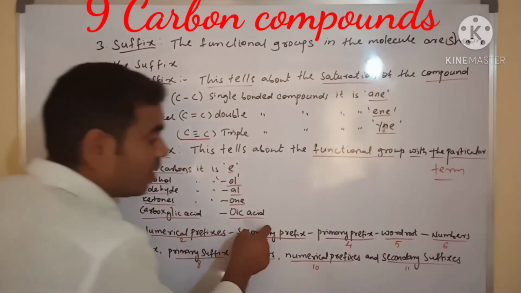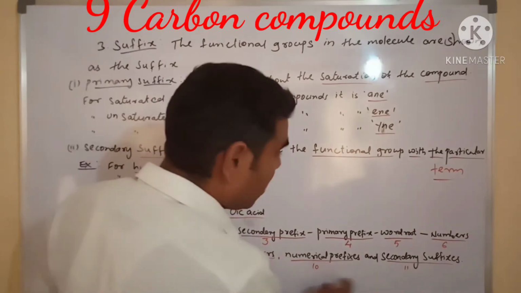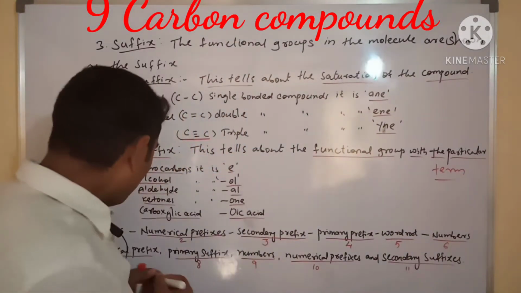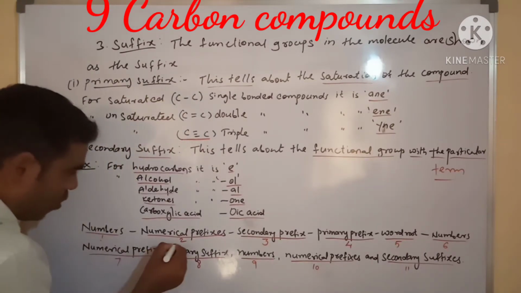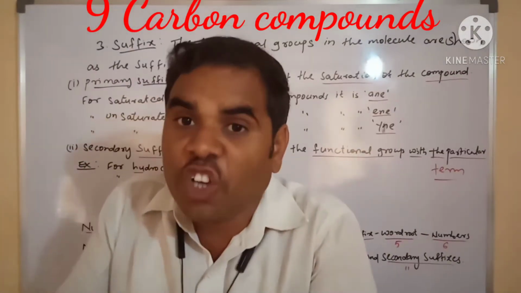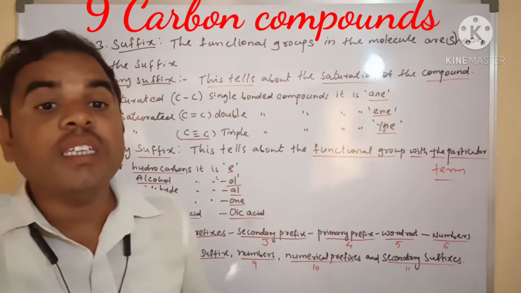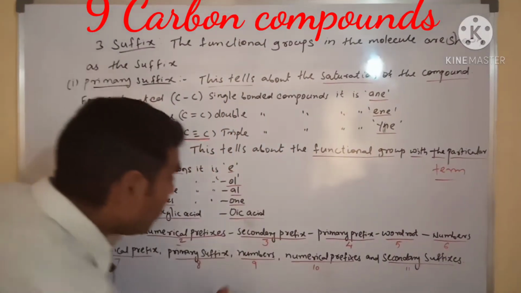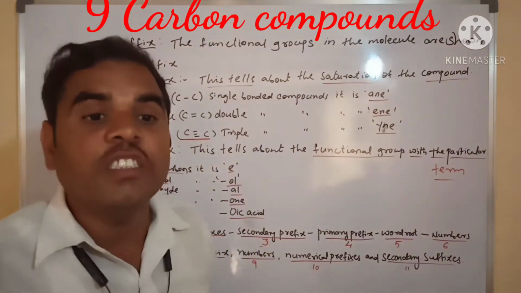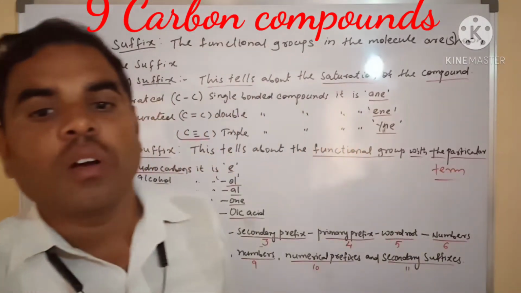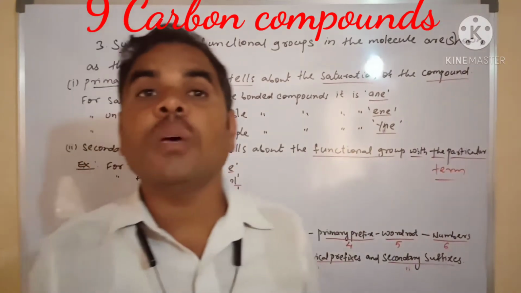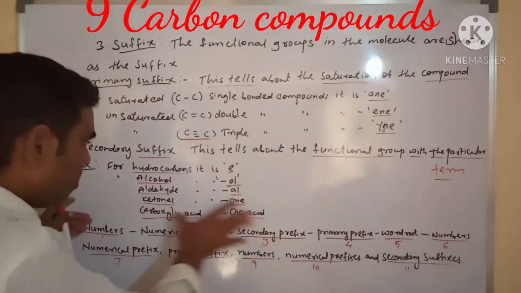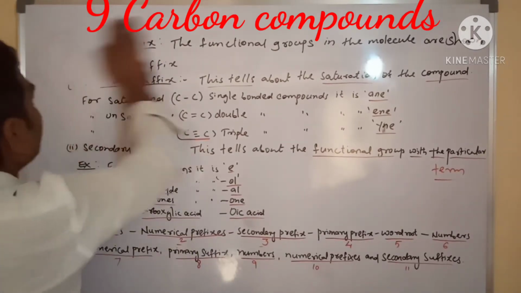See, 1 and 2 are numbers or numerical designations for the secondary suffix and secondary prefix. 3 tells about the position, and repetition of second grade functional groups, known as the substituent, respectively. Now we have to take some examples.